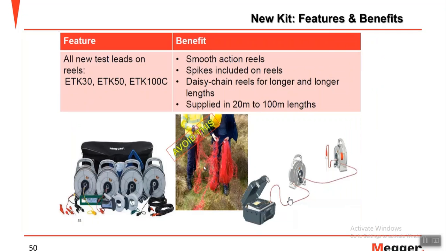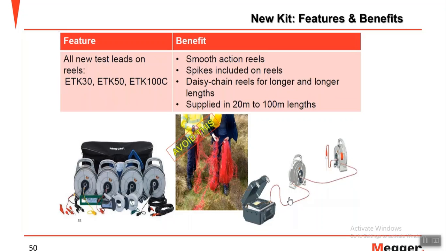And we also have the all new test leads on a reel. This is a problem on site. Based on my experience, after you finish a test, you need to move to another position to make sure your measurement is good. Sometimes you have a problem and it takes longer than the first testing.